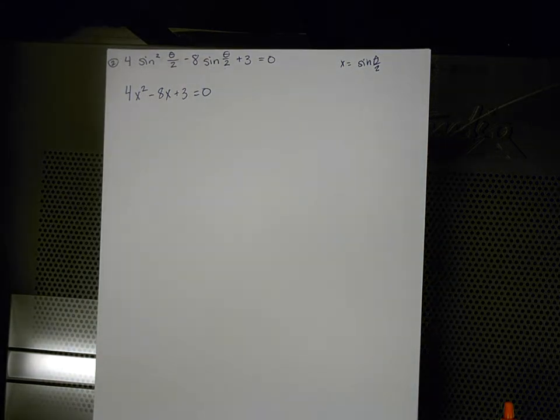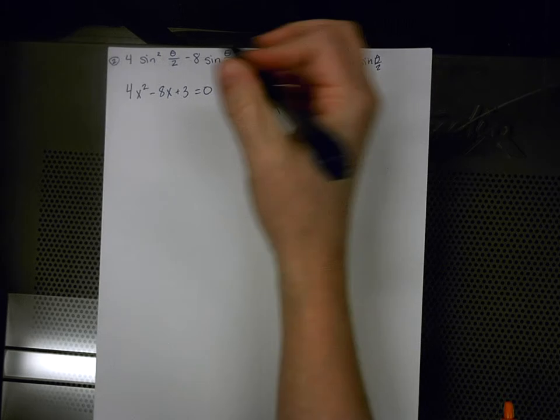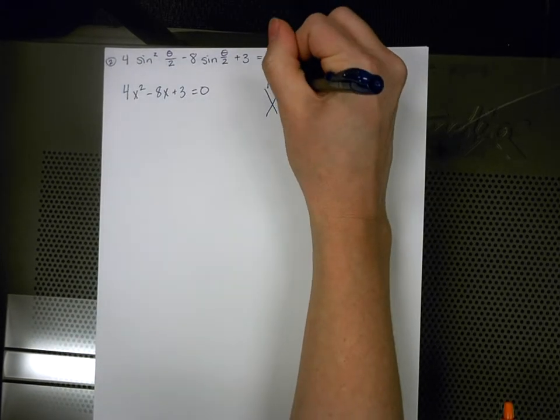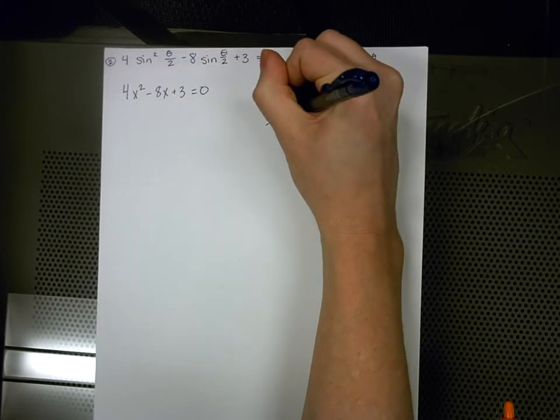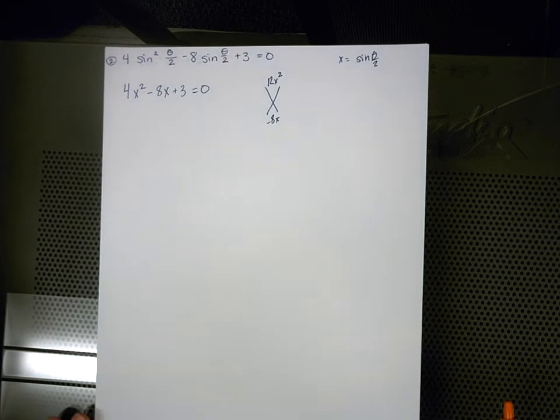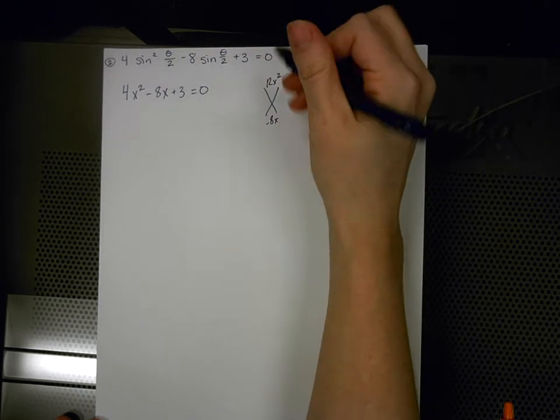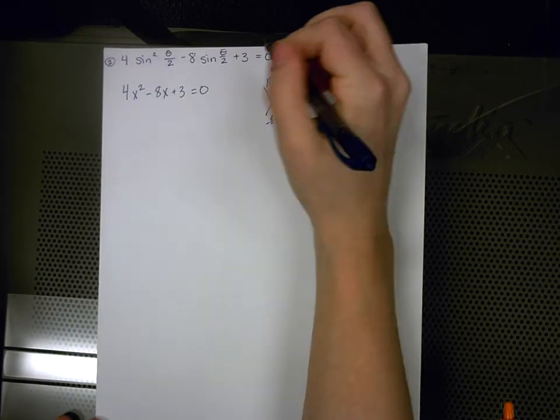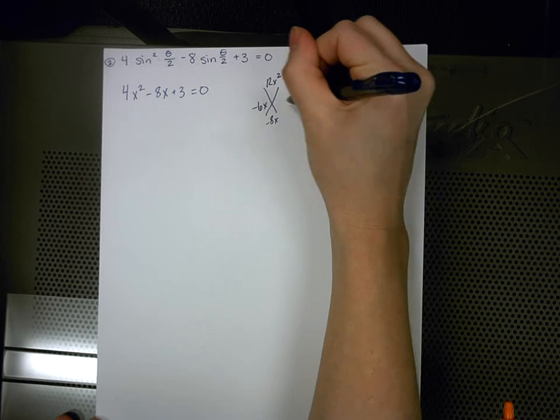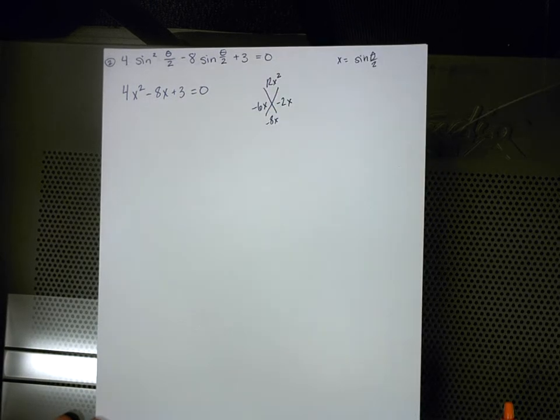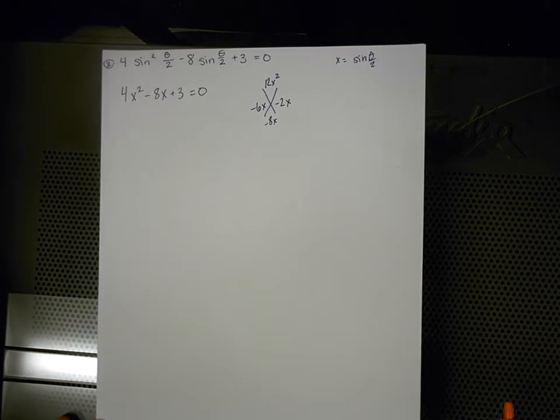And I can go ahead and factor that. That's going to give me 12x squared. That's going to give me negative 8x. So what numbers multiply to give you 12x squared but add to give you negative 8x? They should both be negative if you want to multiply to a positive and add to a negative. So negative 6x and negative 2x are the correct values there.